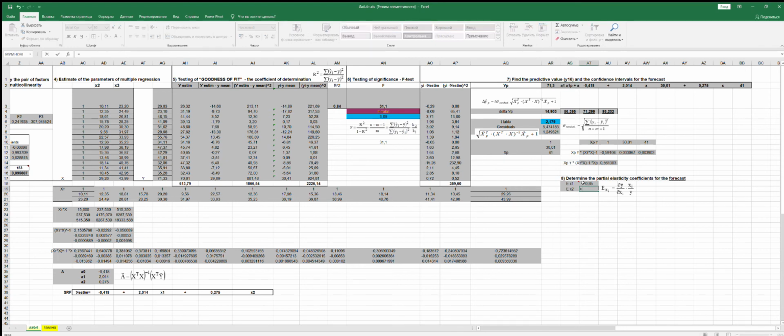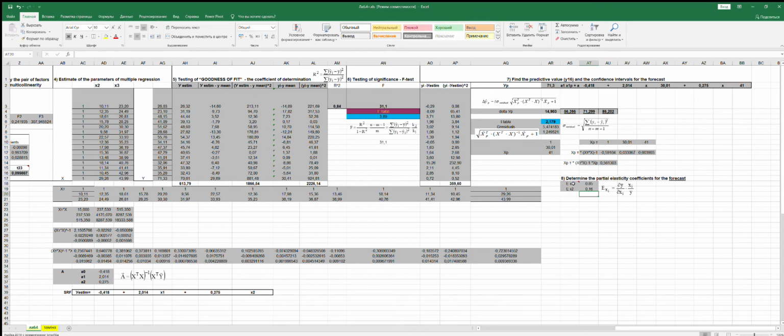So we put a2, taken from this value, multiplied by the predicted value of x2, which is equal to 41, divided by, again, the predicted value of y, 71.